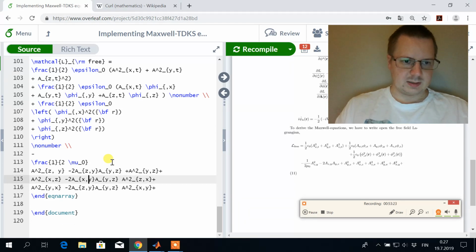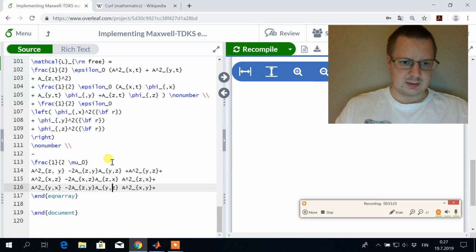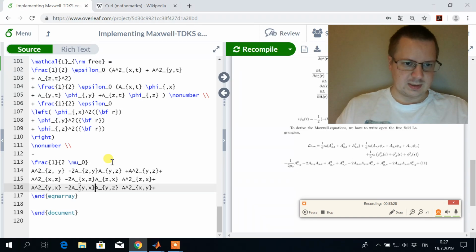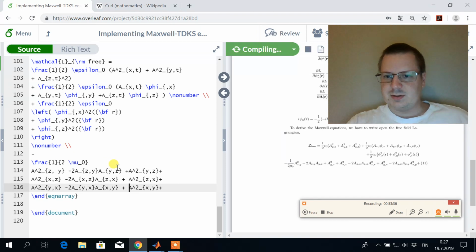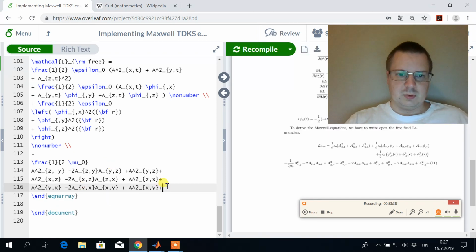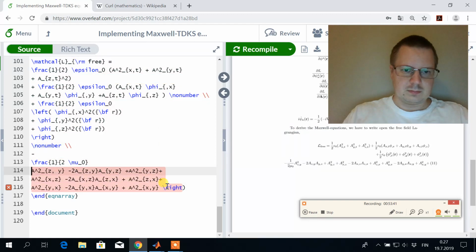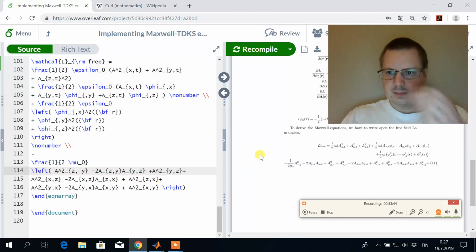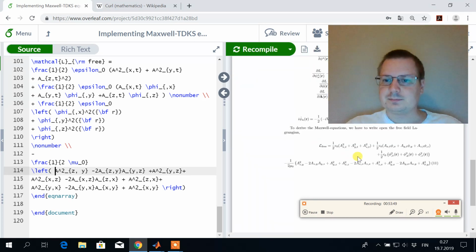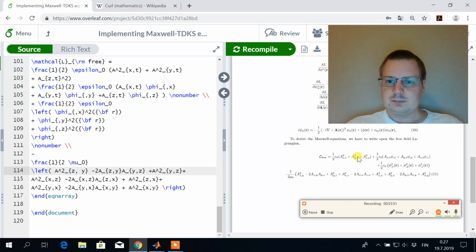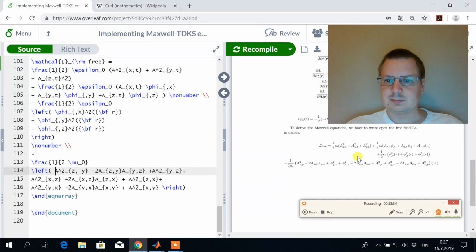So x z zx yx xy. Okay, I think now it starts to look like something. So this is the free field thing, and I think there's no way to know unless we try.